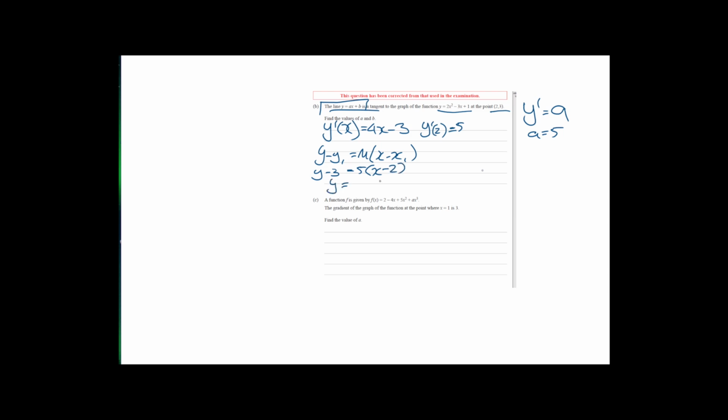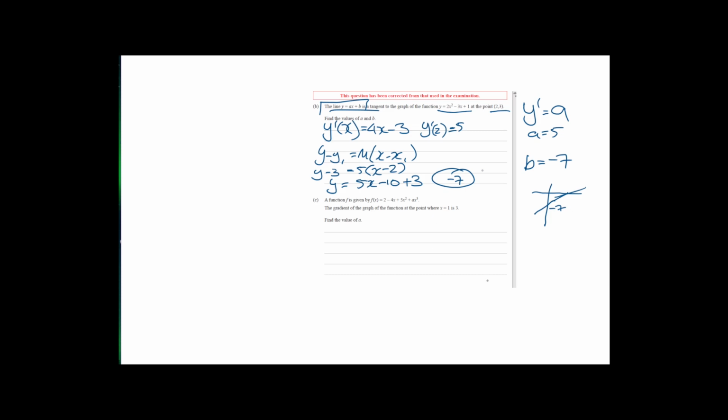So y equals 5x minus 10 plus 3 is minus 7. So therefore B is minus 7. So this graph goes up and then crosses the axis at minus 7.